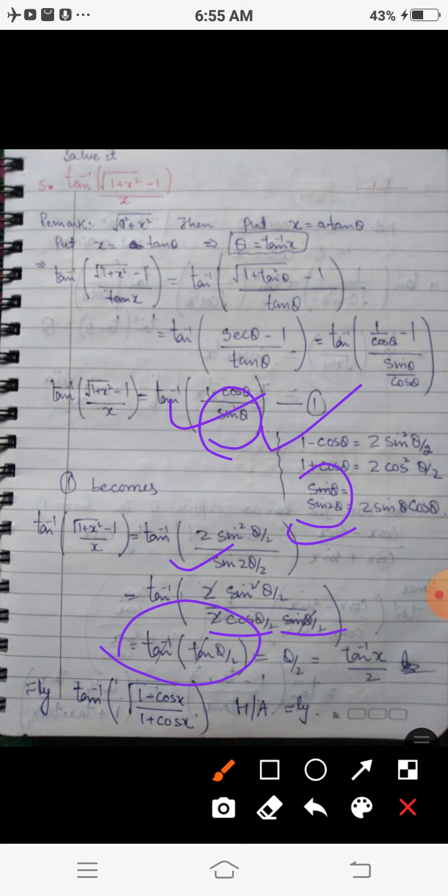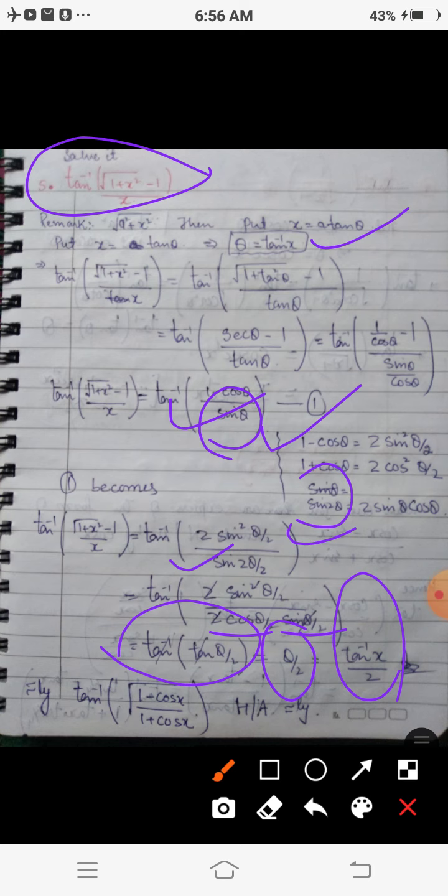Now tan and inverse cancel, and it is simply theta by 2. Here theta is tan inverse x, so tan inverse of root 1 plus x square minus 1 upon x is tan inverse x upon 2.